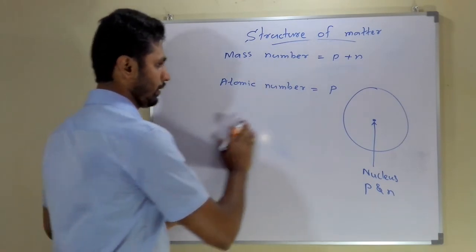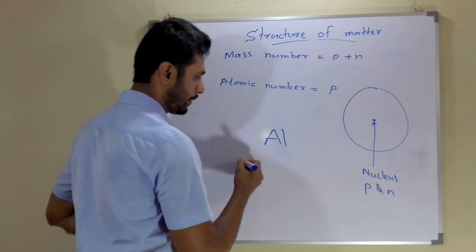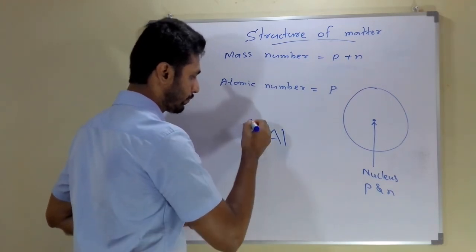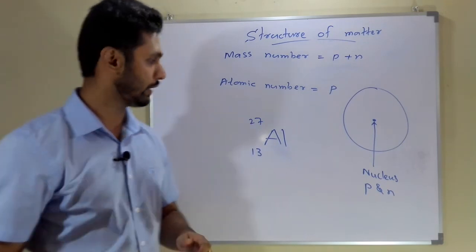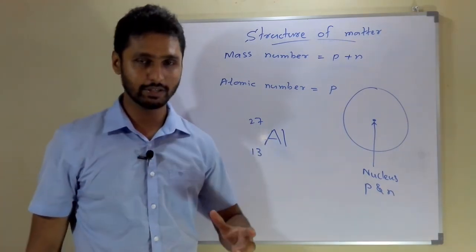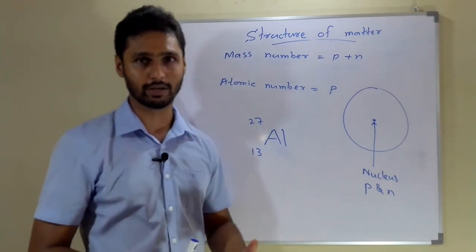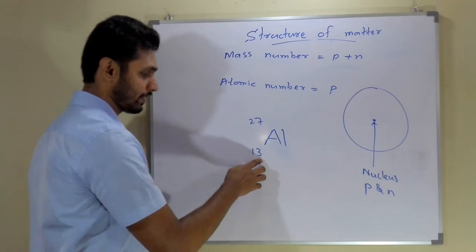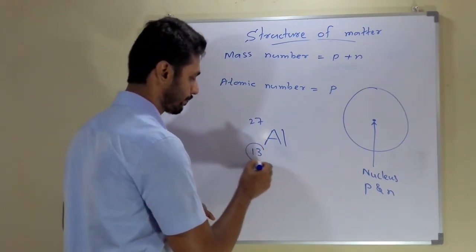Think you are provided aluminium 13 27 symbol. So you need to know what is the atomic number, what is the mass number now, the opposite of the previous part. So this number indicates the atomic number.